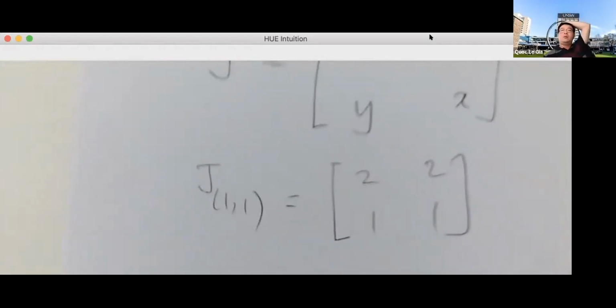So what is the determinant of this matrix? Yes, the determinant is 0. And remember, you need to invert the Jacobian, and if the determinant equals 0, then it's not invertible. If you apply the Newton method, remember 1, 1 is the solution.